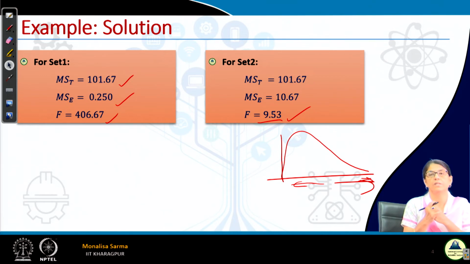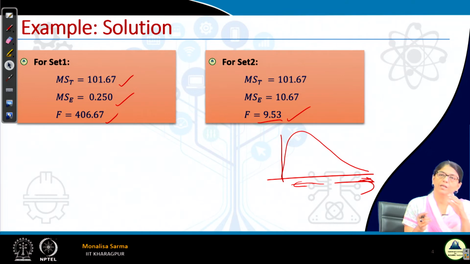We are only interested in finding out if it is greater than, we are not interested in finding out less than. Because if the means are not all the same, our MST value will be quite big compared to the MSE value. The bigger the MST value, the bigger the value of F. So, we are not interested in the lower tail, isn't it.